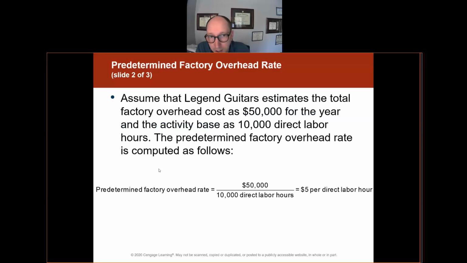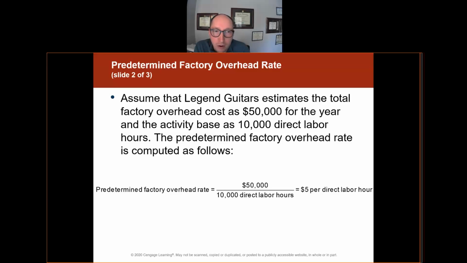So let's use an example. The overhead cost for the year for our company is $50,000. The activity base is 10,000 direct labor hours that we budgeted for the year. In other words, we expect to use 10,000 direct labor hours throughout the year in the manufacturing process.